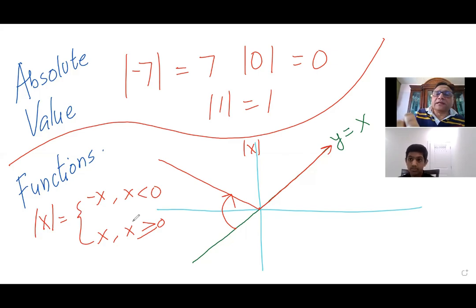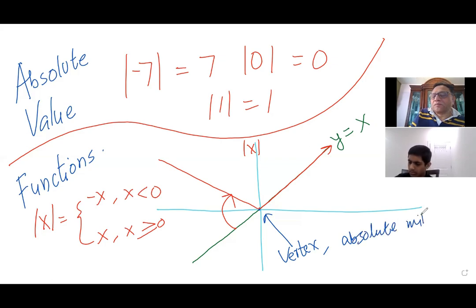Now, you will see that the absolute function has something which is kind of a vertex. This is called the vertex, just as you have in a parabola, right? Yeah. The vertex, which in this case also represents the absolute minimum. That means the domain is all real numbers, right? If I talk about functions, we always talk about domain and range, correct?